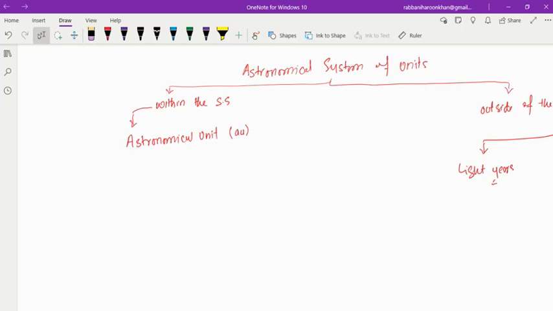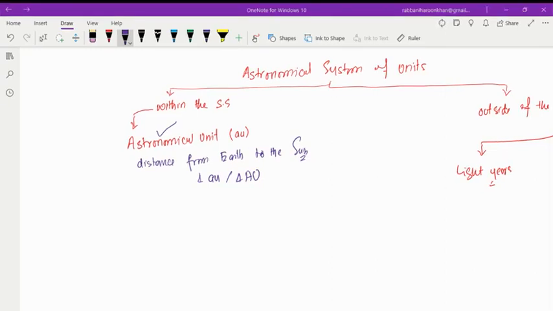So we mostly use this unit, AU, and it is the distance from Earth to the Sun. Clear? And it is roughly taken as 1 AU.